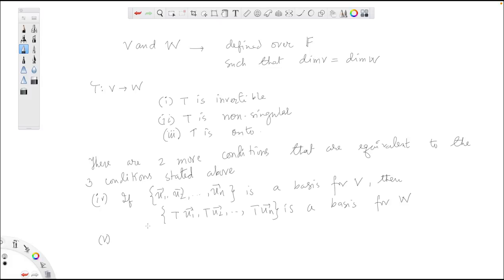And condition 5 states that there is always such a basis.